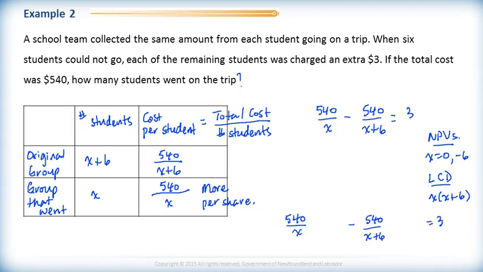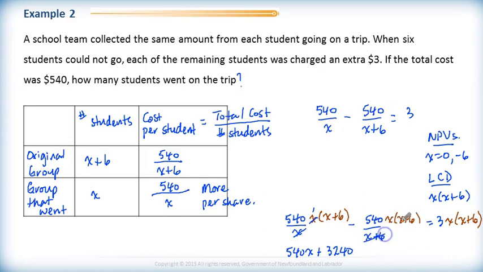Now, of the two methods that I use in the instructional recording, I will choose to use the one where I multiply each of the terms in the equation by the LCD, like so. Therefore, x goes into x here once, and I've got 540x plus 3,240 when I distribute that 540.